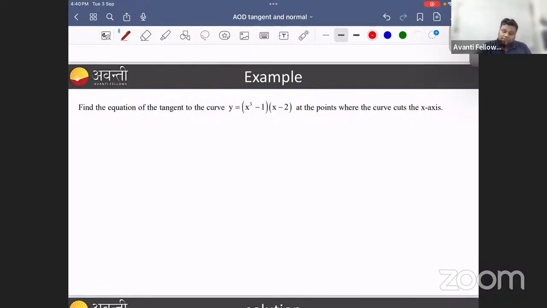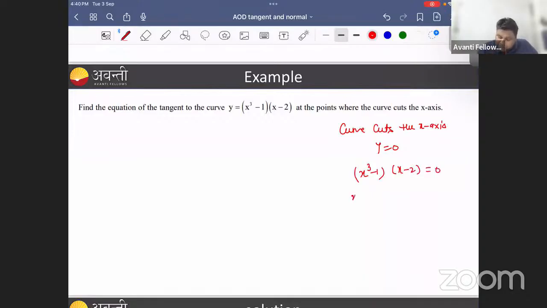What will happen when the curve cuts the x-axis? In that case, y equals 0.